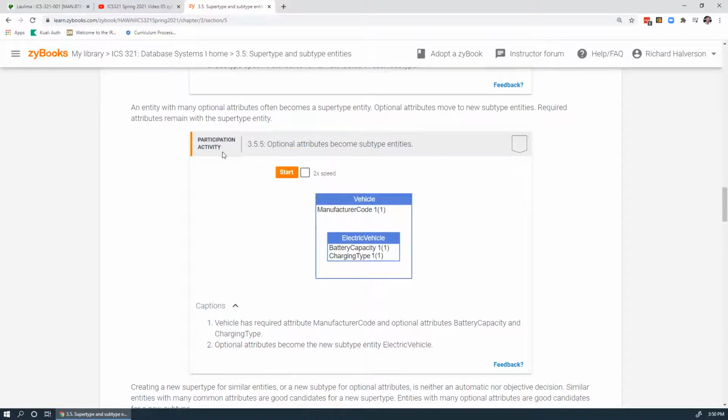Optional attributes move to a new subtype entity. Required attributes remain in the supertype entity. So when a subtype is created, there can be optional attributes, and then required.